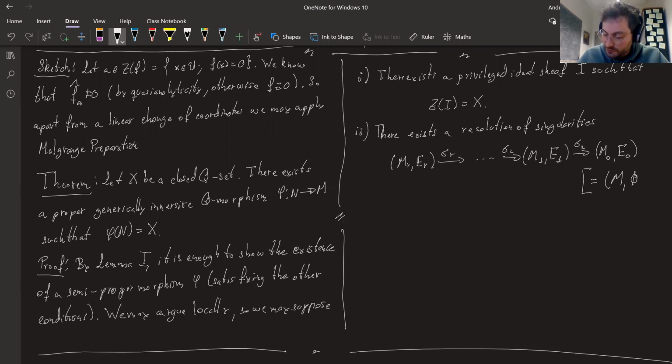And here we are going to take, in our case, we didn't start with any exceptional divisor, so we can take E_0 to be empty.